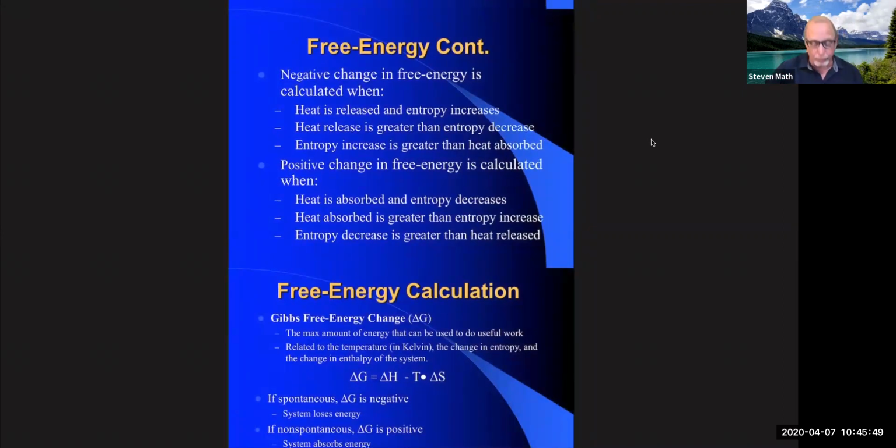Now this slide is really kind of confusing. I'm going to post another thing that's going to give you a nice little chart. But what this says is when heat is released, so negative delta H and entropy increases, positive delta S, then we're going to have a negative delta G. That's the takeaway on this first set.